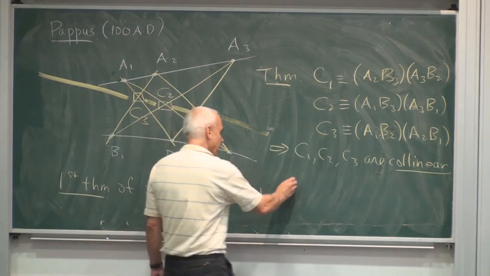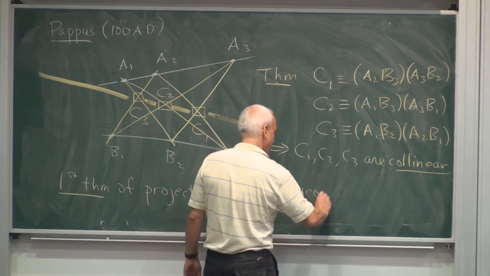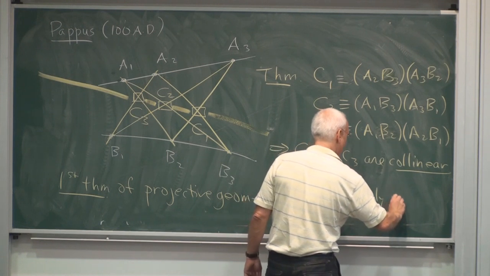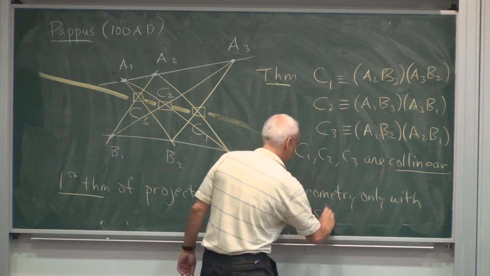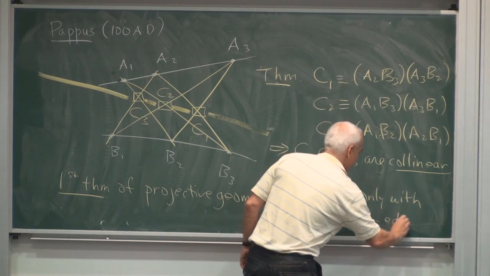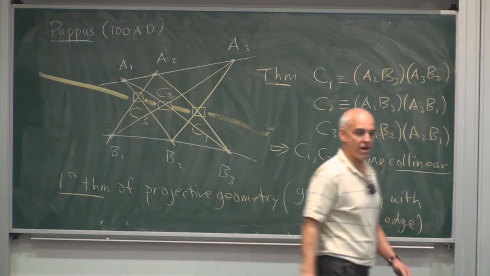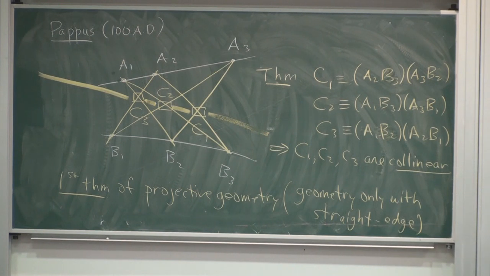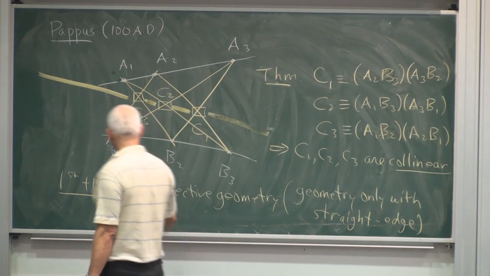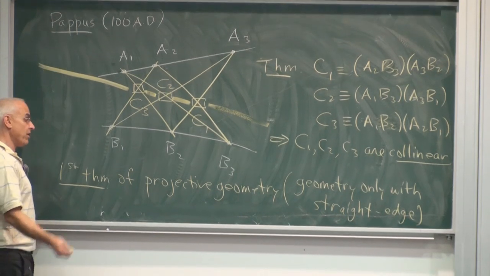It's a geometry only with a straight edge. No compass, no measurements. Just what can you say if you have a pencil and a straight edge? Not a ruler, just a straight edge. It turns out you could say a lot. And this is the first theorem, and it also turns out it's probably the most important.